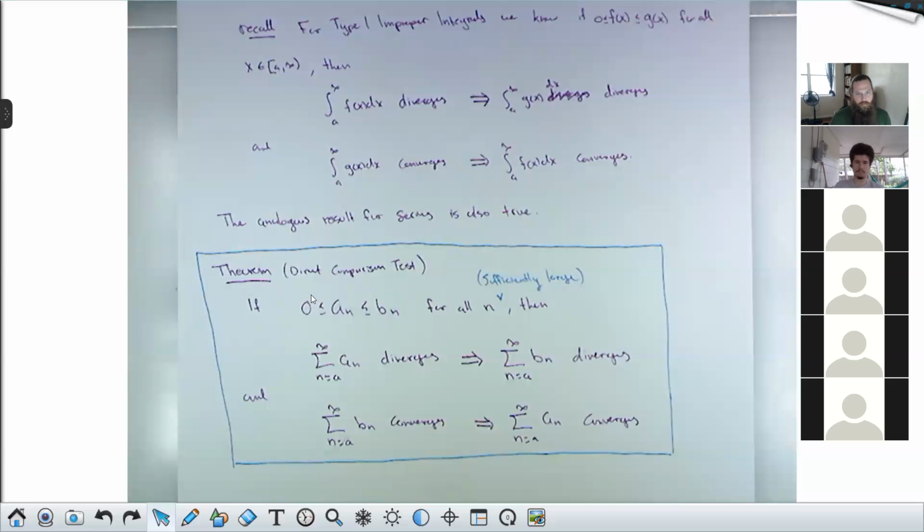Even if that point is as large as n equals 10 billion to infinity, I don't care about the first 999,999,999 terms. I really only care about the infinite string of terms that comes at the end. Those are the ones that determine whether the series converges or not.